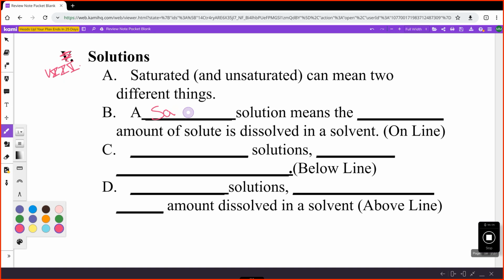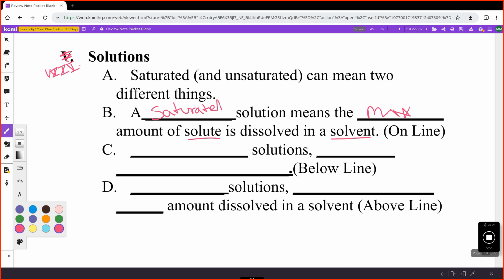By definition, a saturated solution will contain the maximum amount of solute dissolved in a solvent. You can't dissolve any more salt in the water.